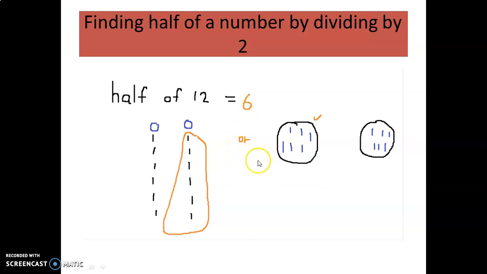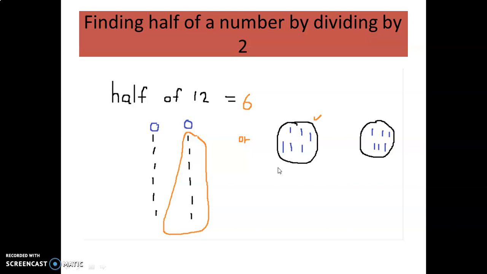Or you can draw 2 big circles like this, 1, 2. After drawing 2 big circles, you share on each circle.